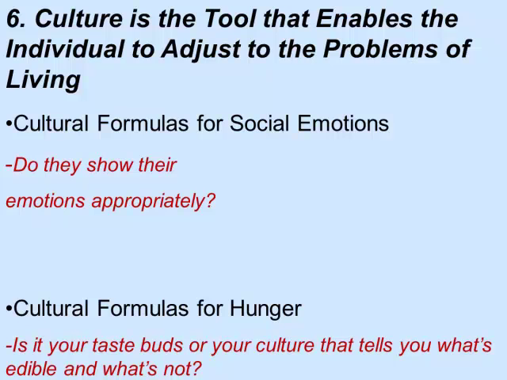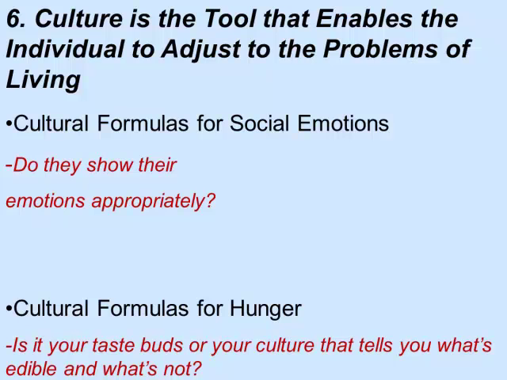Here we have two examples of cultural formulas that enable us to live in our environment. Cultural formulas for social emotions tell us how to express ourselves when we are among other people. What is the appropriate way to show curiosity, friendship, sorrow, happiness, anger, love, serious or laid-back attitude, and other emotions in public?